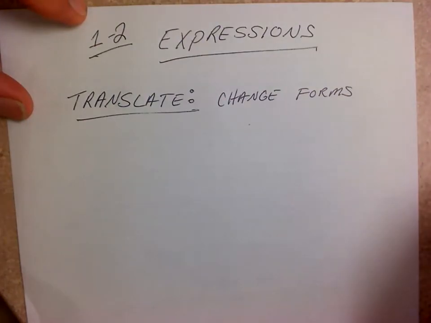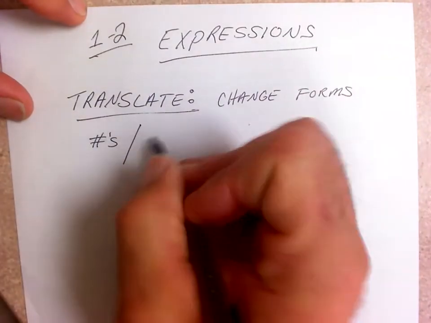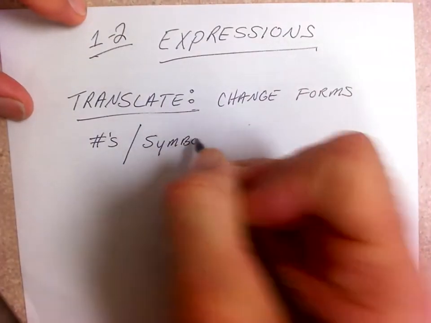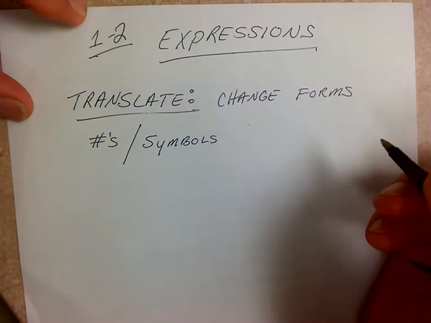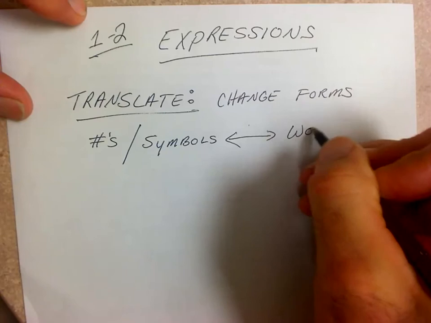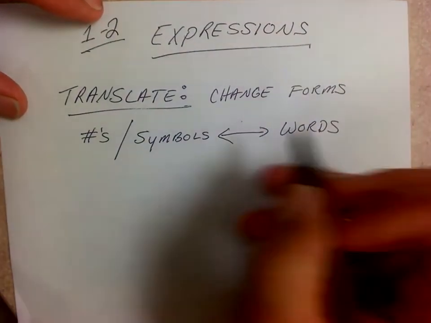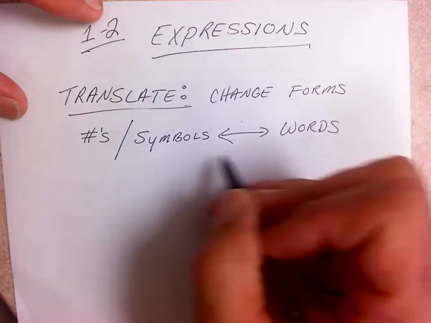And so for us in math class, what that basically means is we can have numbers and symbols as one form, all right, and the other form that we may have is words. All right, and our goal when we translate is to be able to float back and forth in between these two.